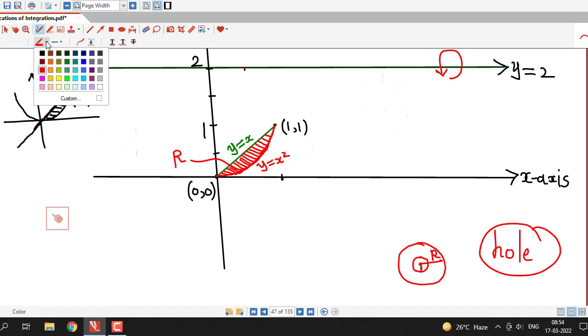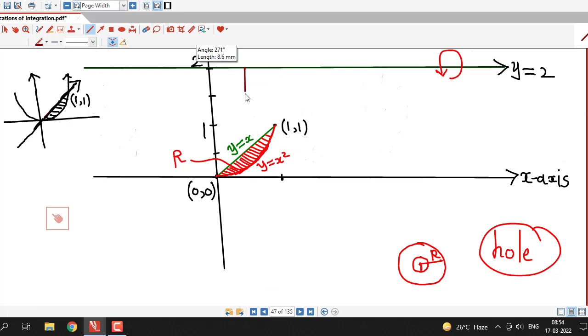So we consider the distance between y equal to 2 and y equal to x square as the outer radius. The outer radius is a function of x, and it is the distance between y equal to 2 and y equal to x square, that is 2 minus x square.